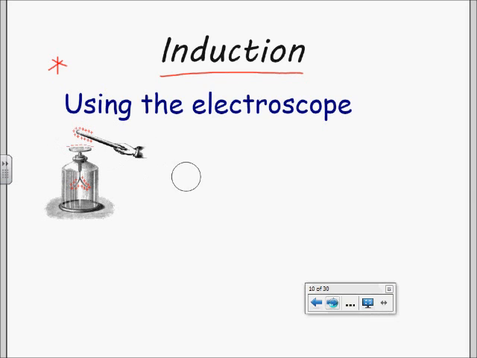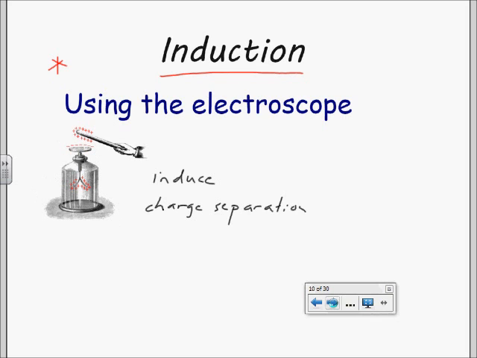When it's brought near, the positive charge on the rod draws these electrons to the top of the electroscope, leaving positive charge behind. So we have induced charge separation. Overall, the electroscope should still be neutral, uncharged. It's just we've separated the charges.